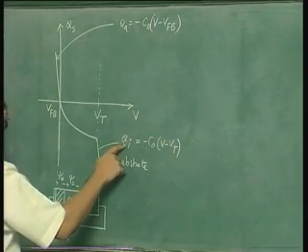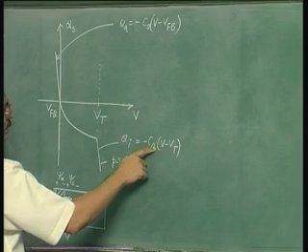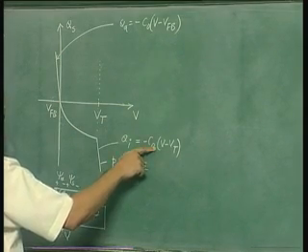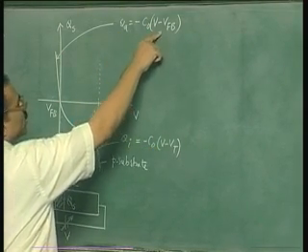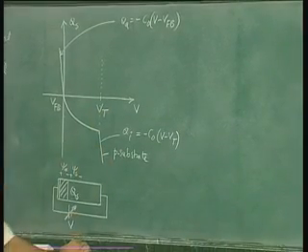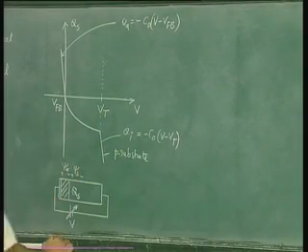So please note that if you differentiate this expression with respect to voltage and you differentiate this expression with respect to voltage, you will get the same slope, okay? That would be the capacitance C naught.